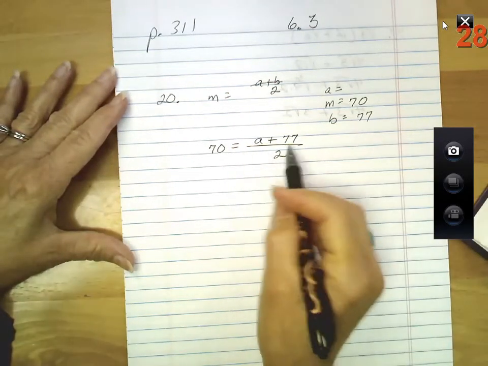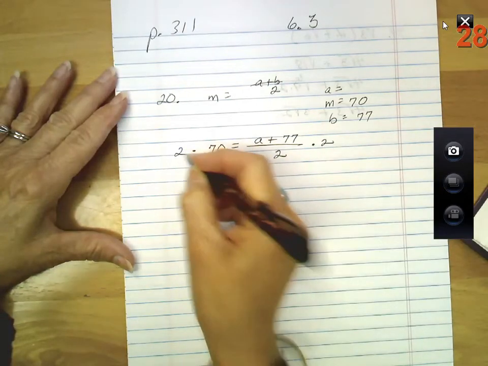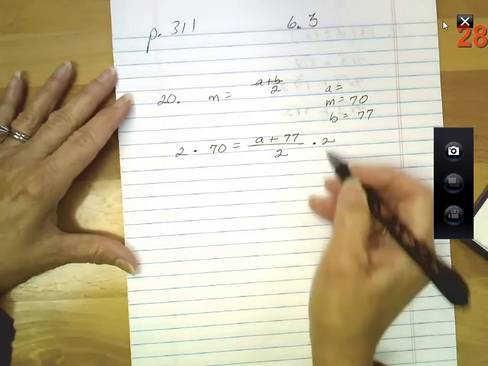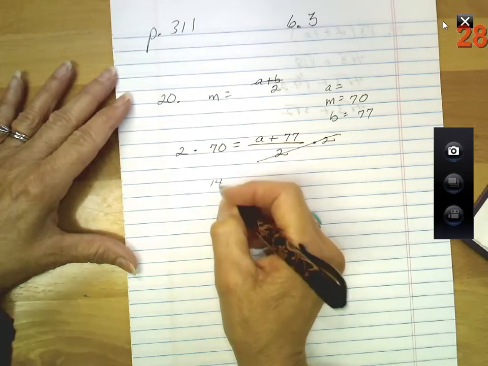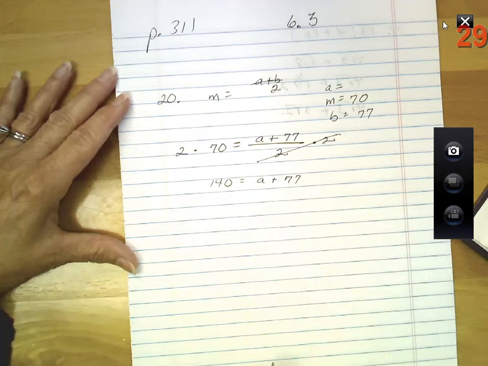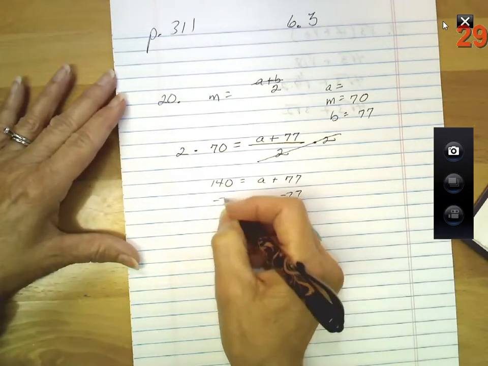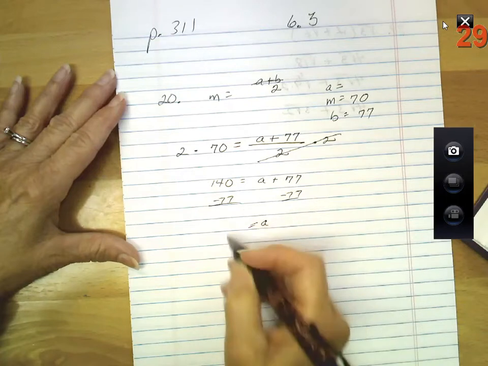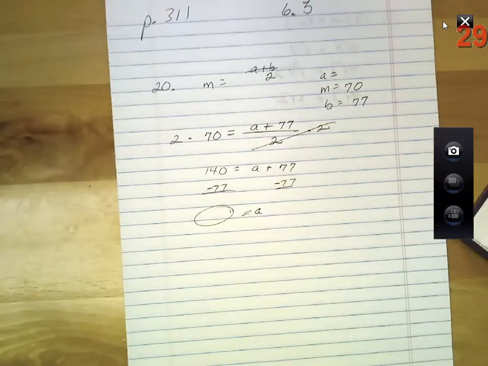If this is division, you do the opposite or multiply by 2, and that will remove that out of the denominator. So that's 140 equals A plus 77. Now it's a simple equation, and you subtract 77 from both sides, and that gives you what A is equal to. Down at the bottom, 22 and 23, you're using those formulas that we were working with.